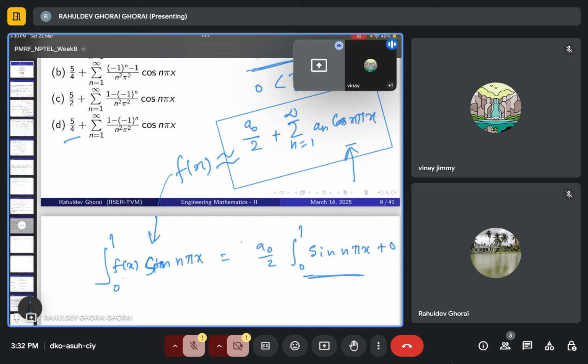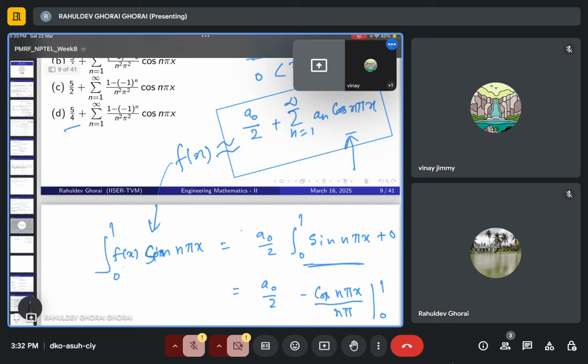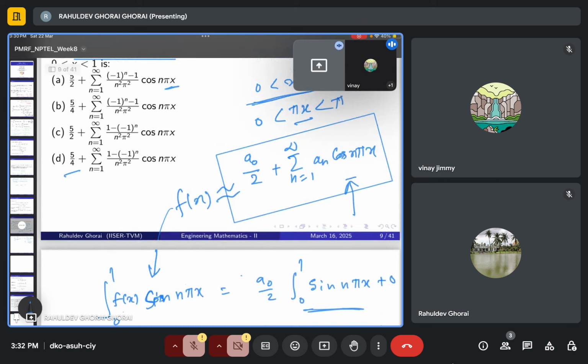And in this integration, what you get is a naught over 2. The integration of sine n pi x will be minus cos n pi x over n pi, from 0 to 1, of f(x).